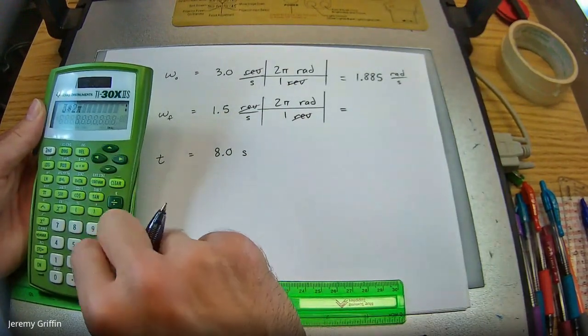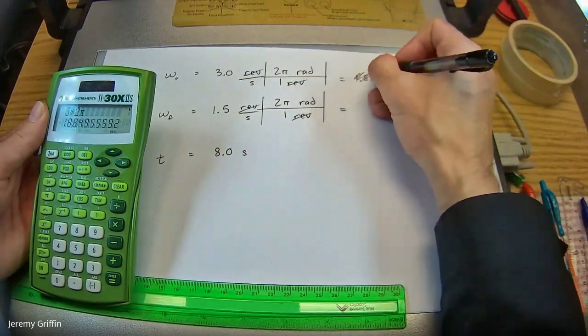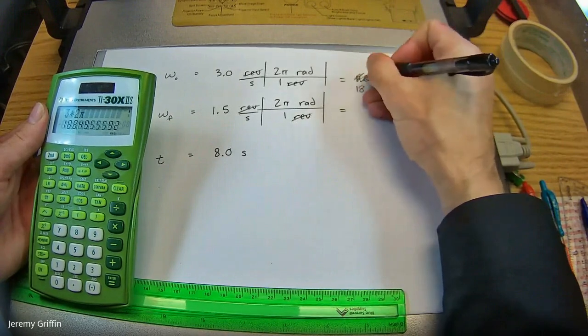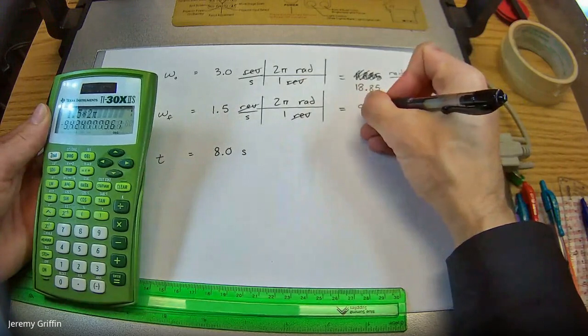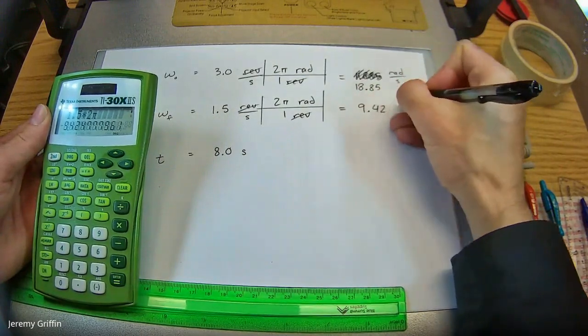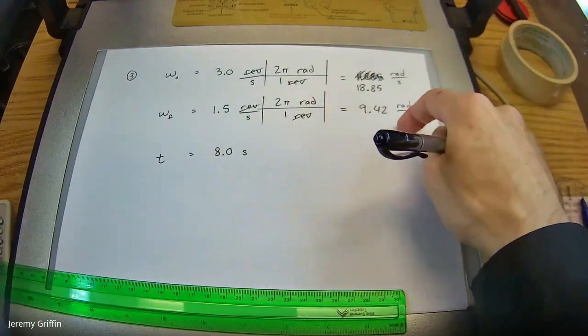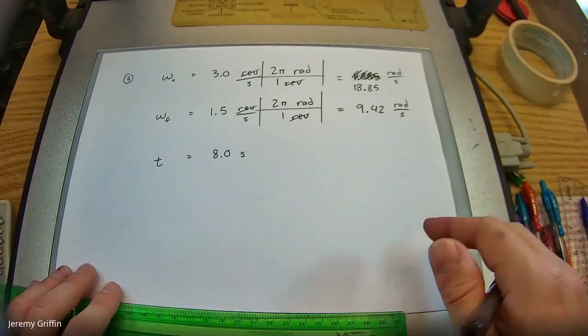What? 3 times 2 pi? Oh, sorry, that's 18. So here, 18.85. There's that. Okay, there we go. All right, so it's spinning this fast now, and it does that all in this amount of time.